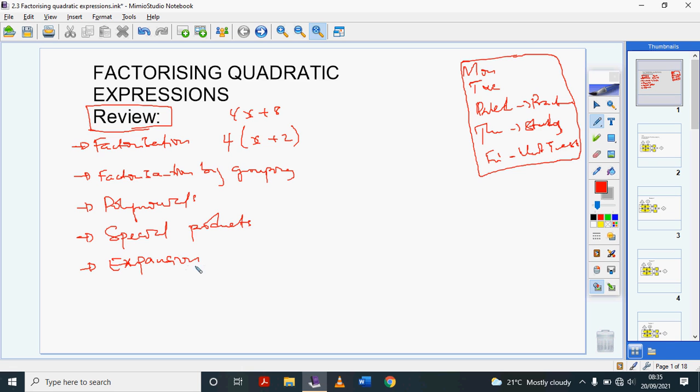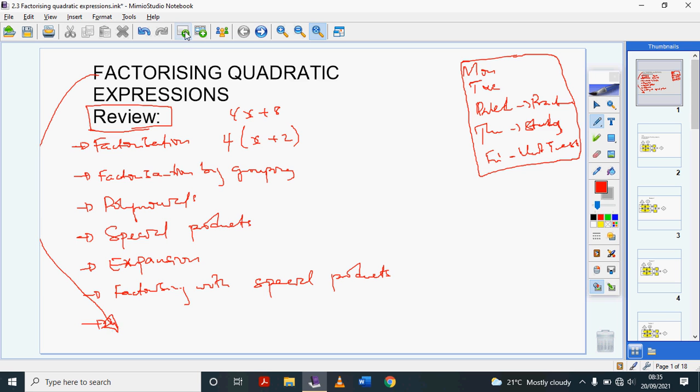We looked at factorizing using special products, which is what we did last week on Thursday and Friday. And all of this has been leading up to what we're doing today, which is factorizing quadratic expressions.